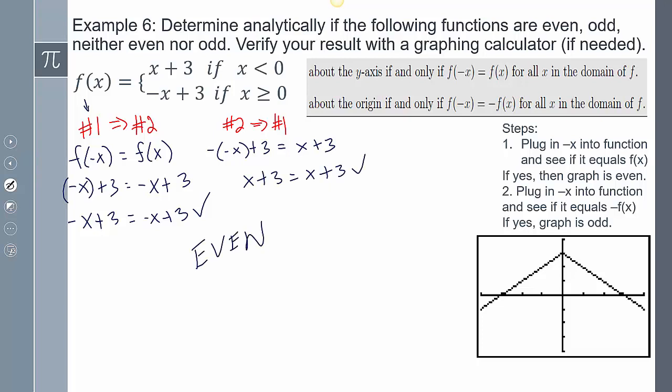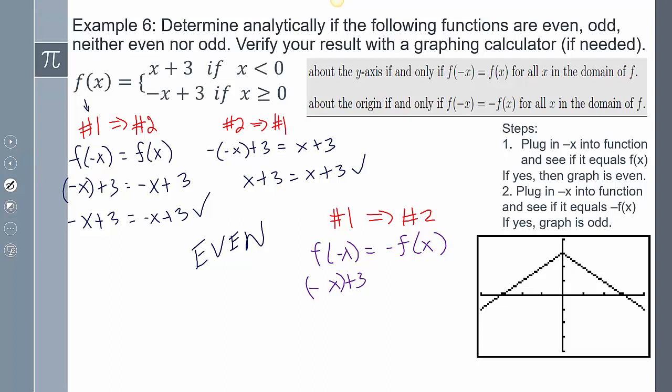Now, if you were to do this for odd, let's test to see if it's odd. So equation number 1, as it translates to equation number 2, we know that it's going to be f of negative x. Does that equal negative f of x? So for equation number 1, we have negative x plus 3.